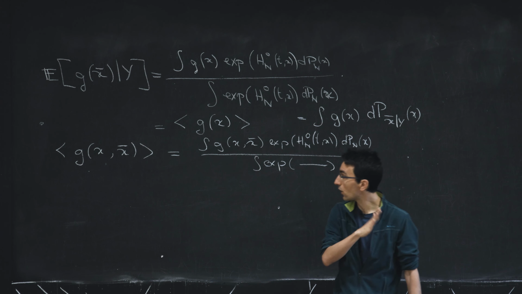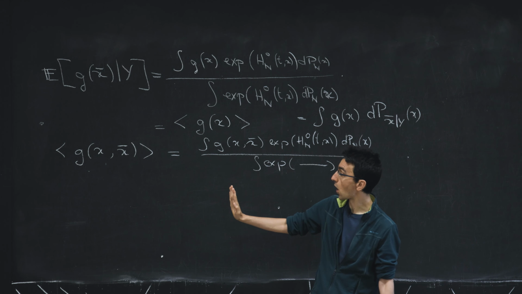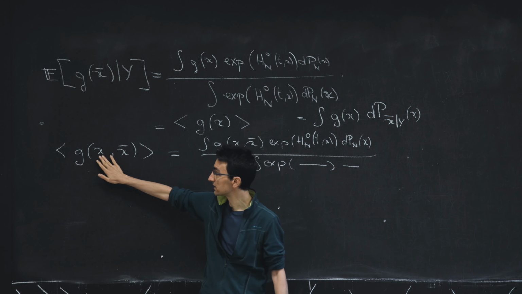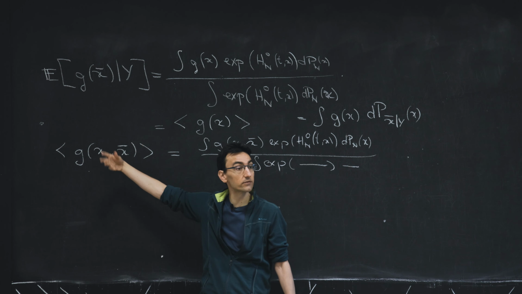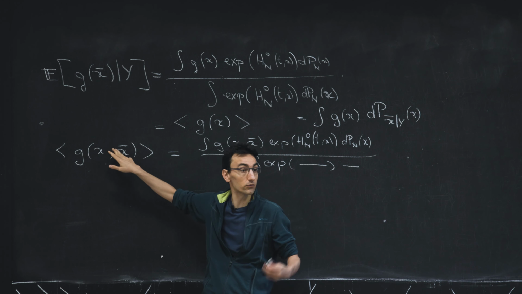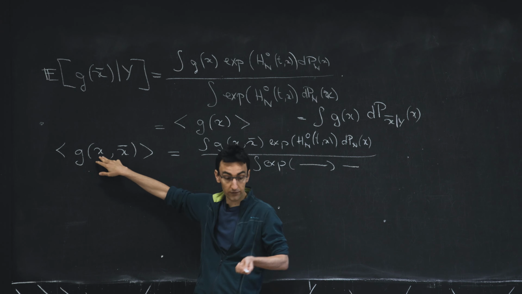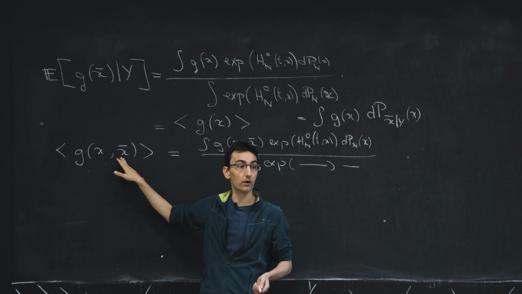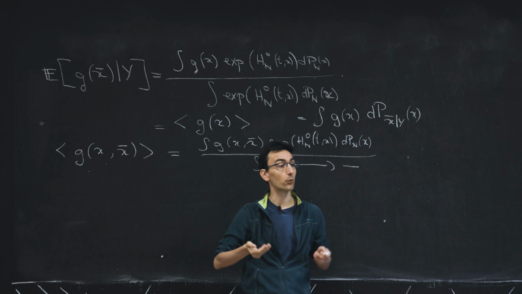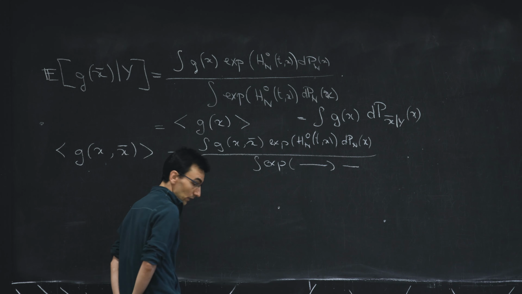So on one end of the regime, x is in some sense a new independent sample from x bar. When you know nothing, you just resample it. At the other end, x is equal to x bar. And in between, there's some interpolation.